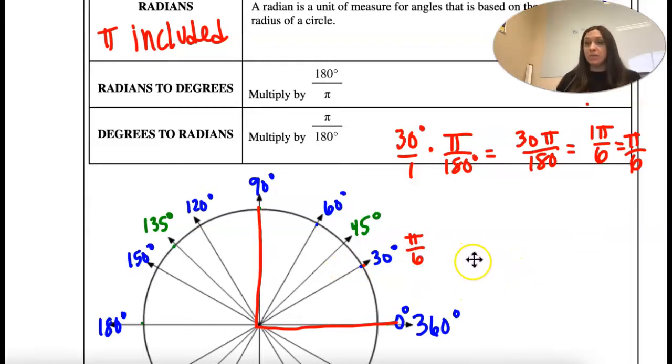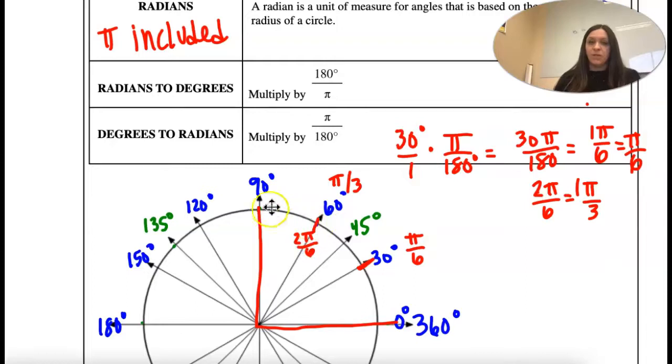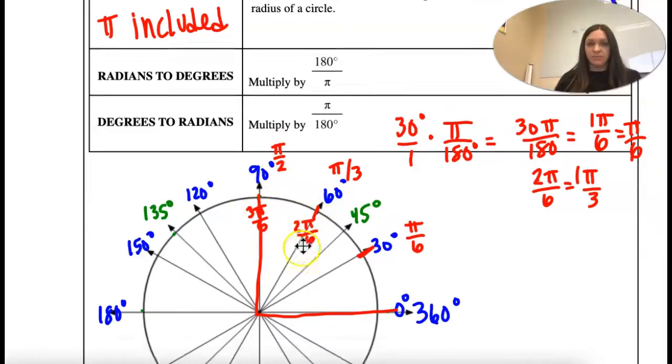I'm going to do the same thing all the way around. This is 1 pi over 6, 2 pi over 6, which reduces to pi thirds, since 2 divided by 6 is 1 third. Then 3 pi over 6, which reduces to pi halves.